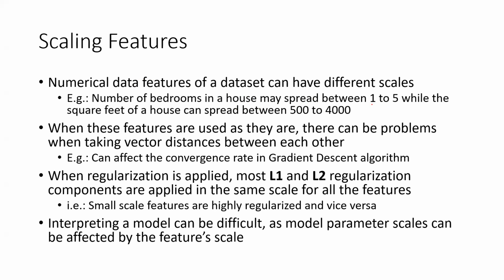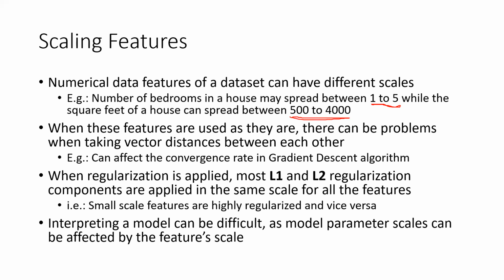The number of bedrooms is generally between 1 to 5, right? And there's another feature of this house, which is the number of square feet of this house. That can be between 500 to 4,000.